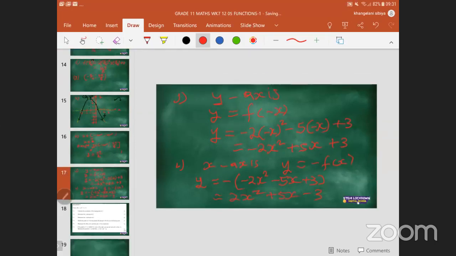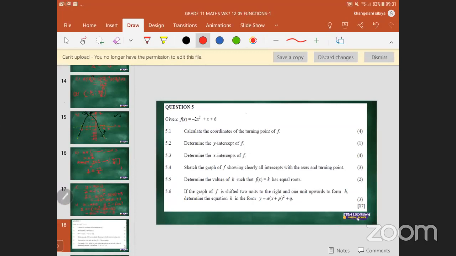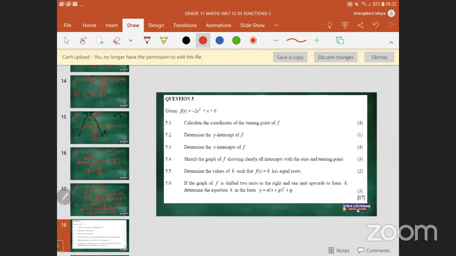Now, we're now left with 9 minutes. Let's look at this question, which was your homework, which is more the same as this one, right? So this is from the DPE past paper, right?